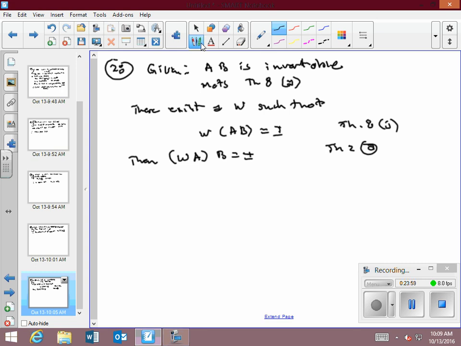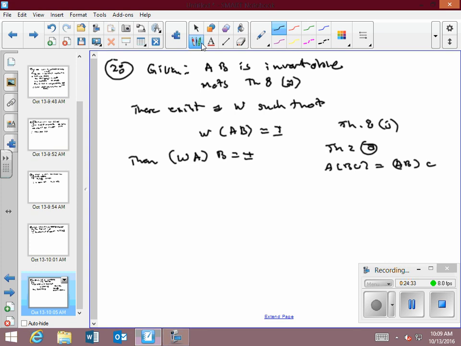It says A times BC, then it's AB... this theorem is saying that if you've got A times BC, then you can write this as AB times C. Associative property. And that's equal to I.